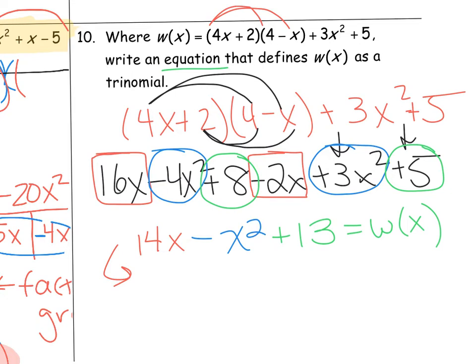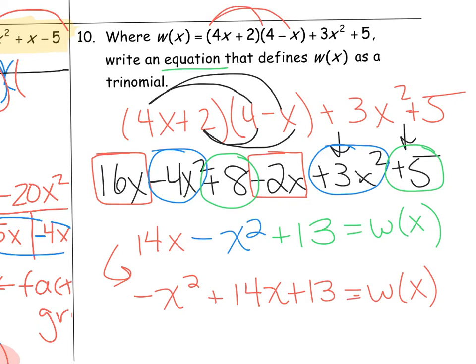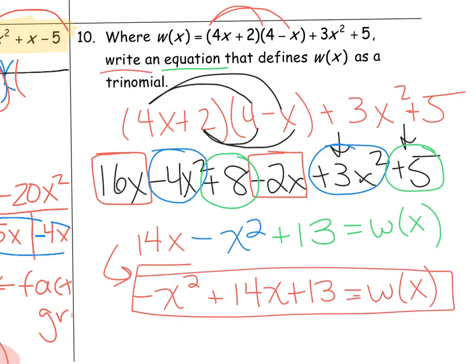So my term with the greatest exponent will be first, and I'm going to write them in descending order. So I will have negative x squared plus 14x plus 13. And that equals w of x. So there you have it. There's my trinomial. We got to pay attention to directions. Trinomial. There's 1, 2, 3 terms. And it's written in standard form.